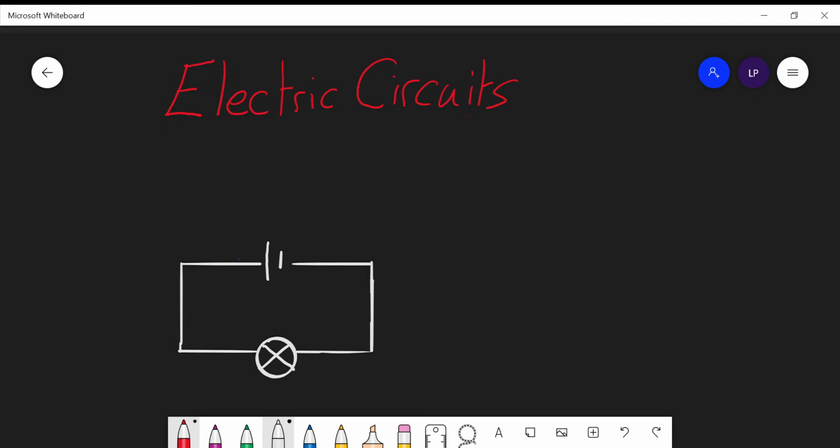Electrical circuits. So today we're going to discuss electrical circuits. In an electrical circuit, there is a pathway for the current to flow.